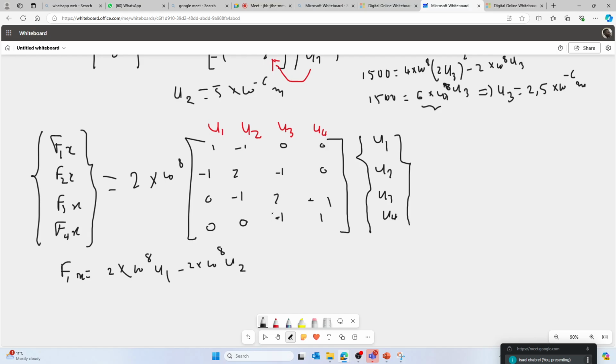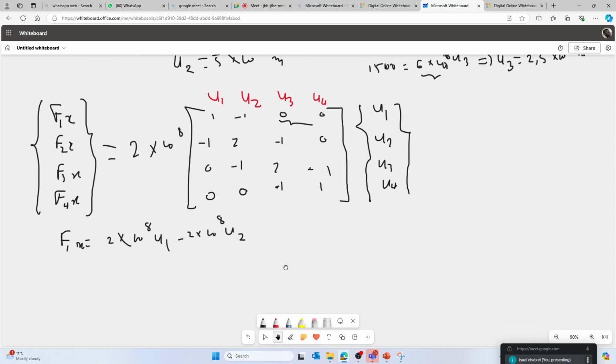You will go again, but remember, guys, these two are zeros, so you don't have even to continue. That's the good thing. And again, this one also, it is 0 here. Why, Mr. Koso? The displacement at u1 is 0. It is a fixed point. So the only calculation that you have is minus 2 times 10 to the 8 multiplied by u2.